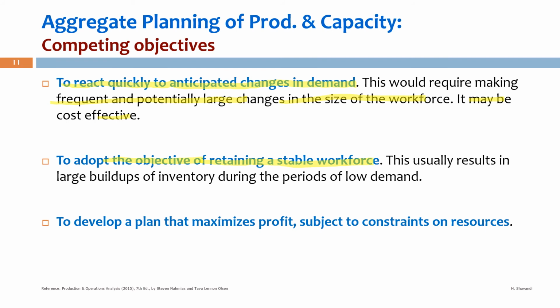This usually results in large build-ups of inventory during the period of low demand. Since we are not going to fire our employees, we will work during the time that we have low demand, and then we will have higher inventories in our warehouse.